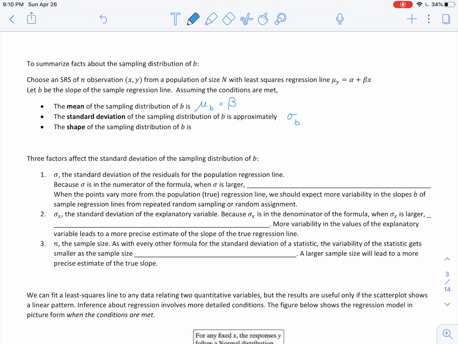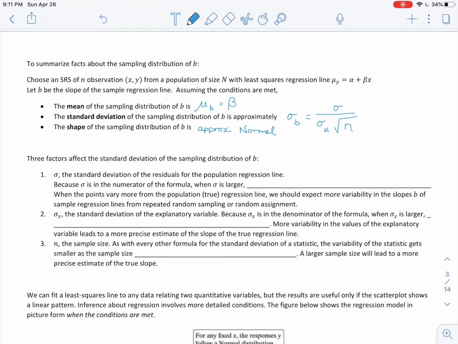The standard deviation of the sampling distribution of B is approximately sigma, the standard deviation of the residuals for your population, over sigma sub x times the square root of the sample size that was selected. And the shape is going to be approximately normal. So those are the main facts that we will need when we talk about these distributions.